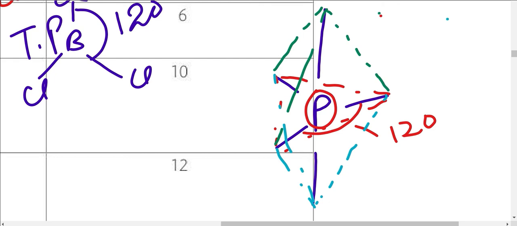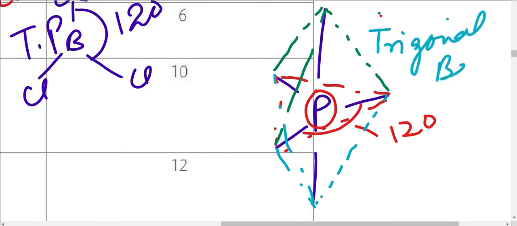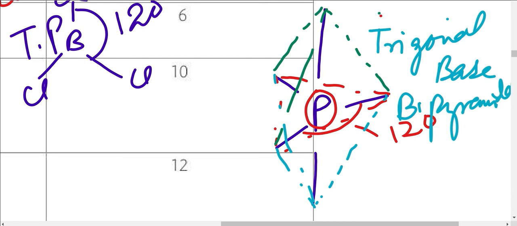What is the name of this? This is called trigonal bipyramidal shape. Trigonal bipyramidal.